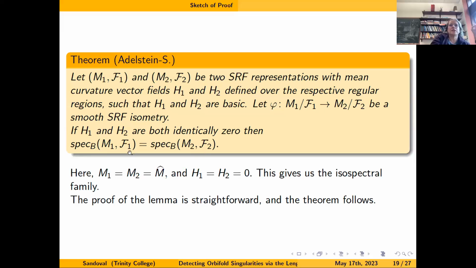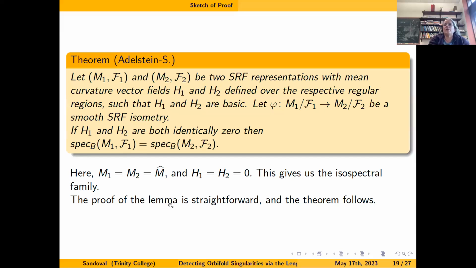For us, M1 and M2 are just the manifold here, the frame bundle, and H1 and H2 are 0. So this gives us the fact that we have an isospectral family when I simply rescale the orbit-wise metric in this way. Okay, so that's the result we're going to use here.